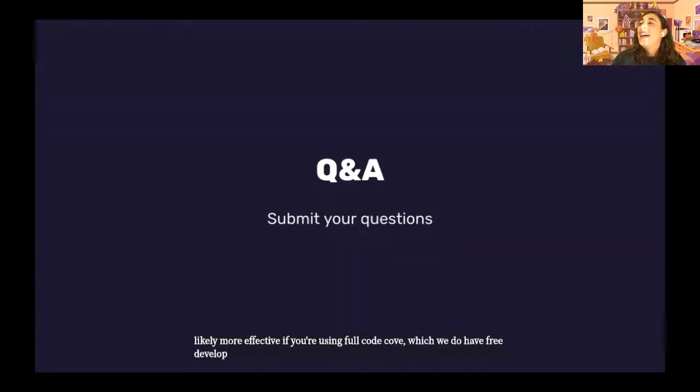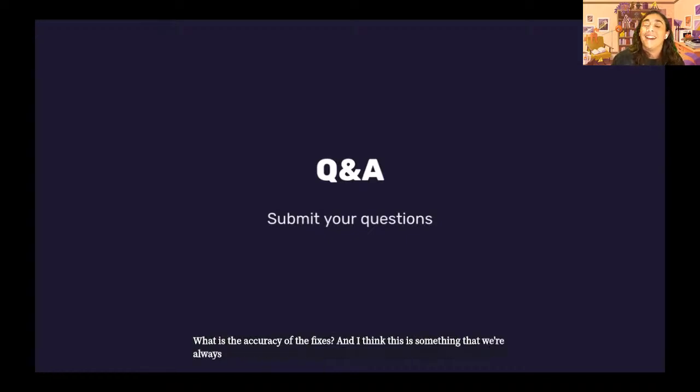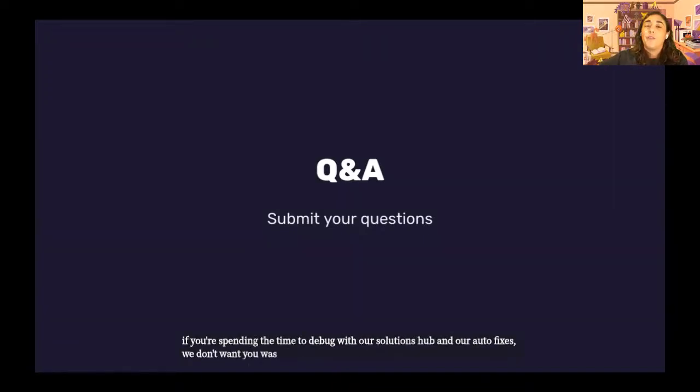Someone asked, what is the accuracy of the fixes? I think this is something that we're always going to be improving on, and part of why we are remaining in beta, similar to what I was mentioning with anomaly detection. We want to make sure that if you're spending the time to debug with our solutions hub and our auto fixes, we don't want you wasting that time on a fix that is so inaccurate that you could have just started from the beginning.